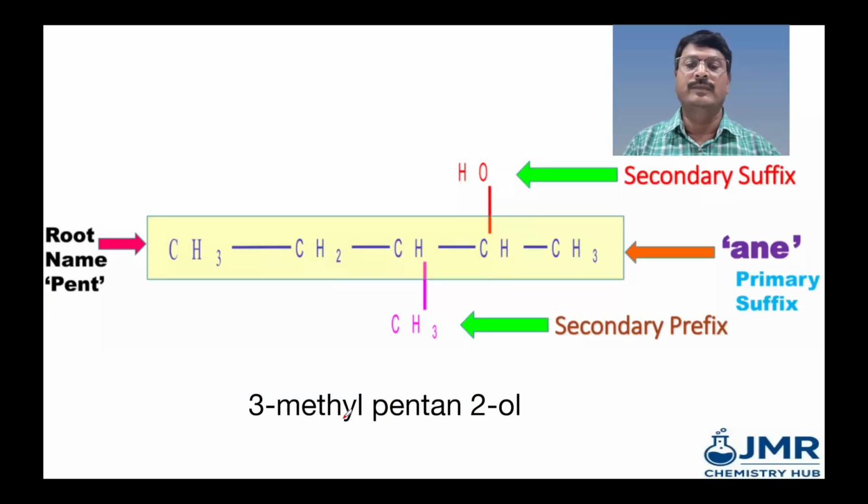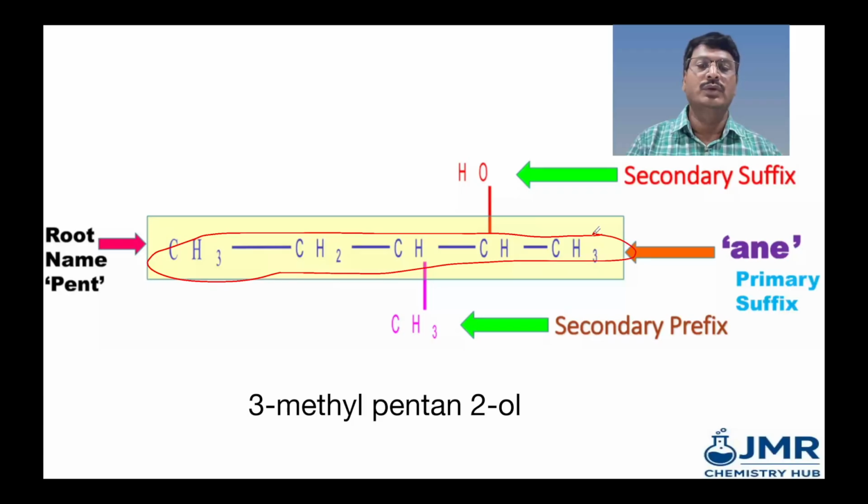For example, let us take CH3, CH2, CH, CH3, CH3. In this, the main chain is this one. The total number of carbons present in the main chain is 5. The root word is pent, and it is a saturated one. There is no unsaturation. That's why the primary suffix is "-ane", and it contains the OH functional group, so the alcohol functional group.